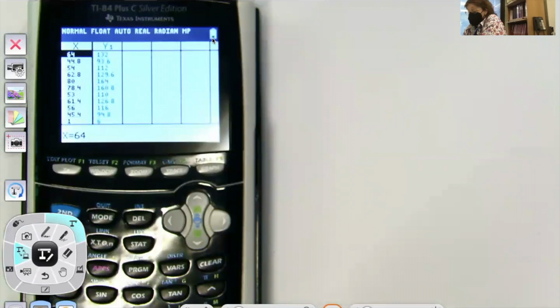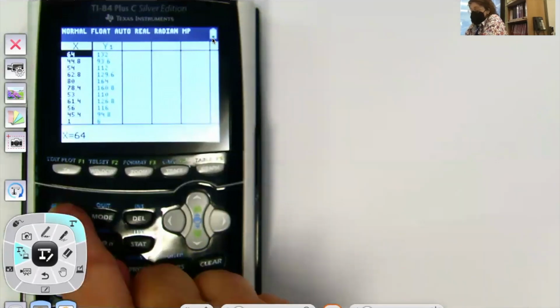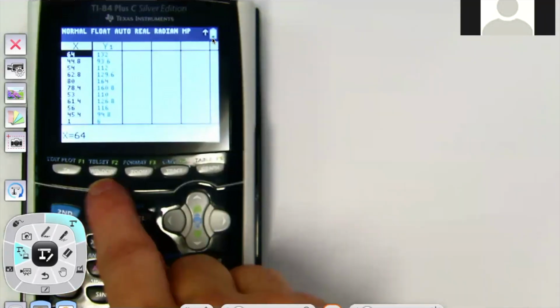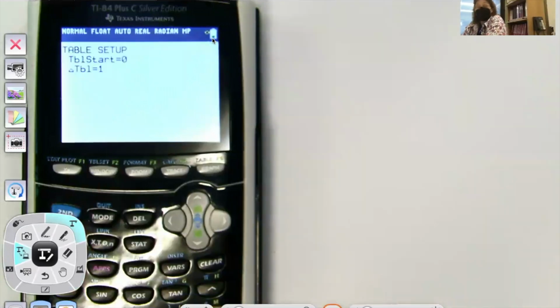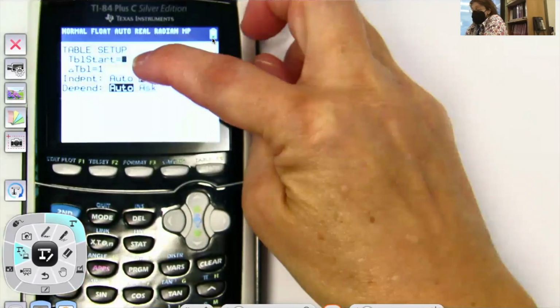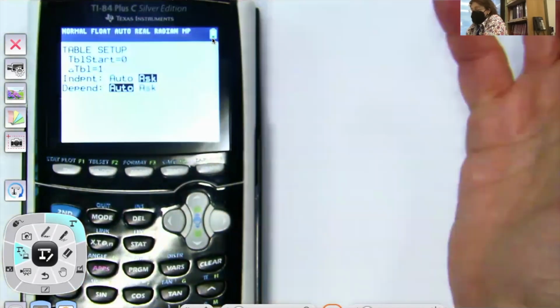Okay, so is everybody, like, you got a screen that looks like this, right? Okay, second window, second table set, because table set is in blue. If I do second table set, okay, this comes up. I don't care where the table starts at. Delta table is like what it's going to count by.